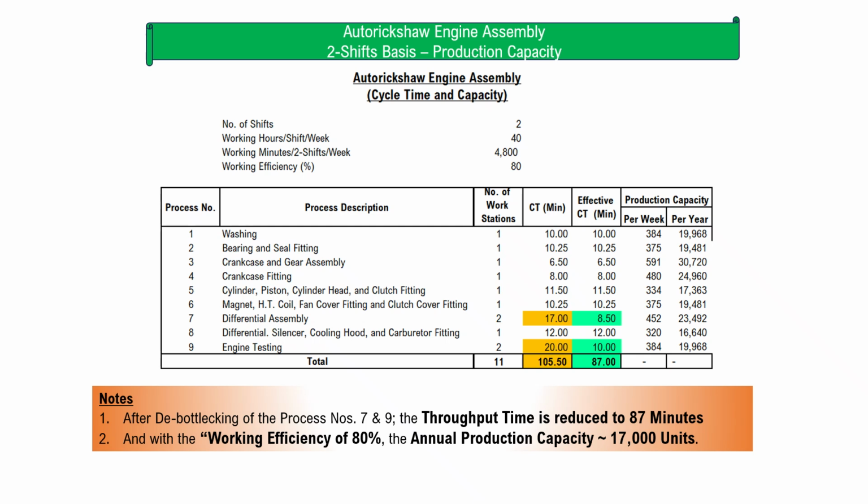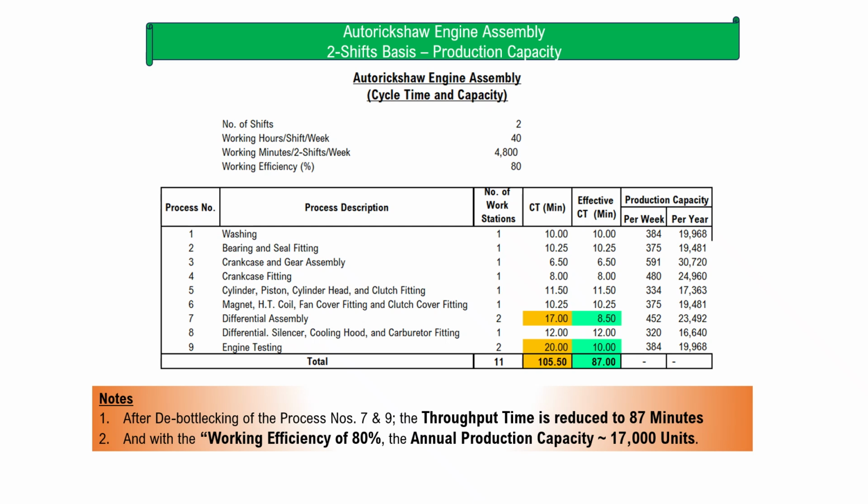Now, after completing this debottlenecking process, our processes number 7 and number 9, that is differential assembly and engine testing, now have 2 workstations for each process, and our cycle time is effectively reduced by half of the original cycle times.